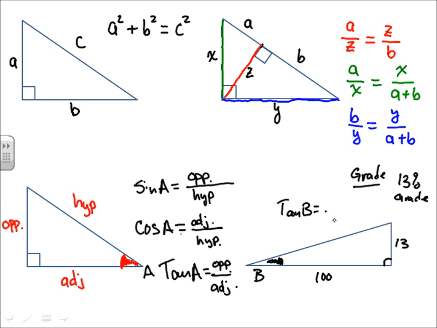So the tangent of angle B is 0.13. The question is, what's B? And we're going to talk about that on our next slide with inverse trig functions.